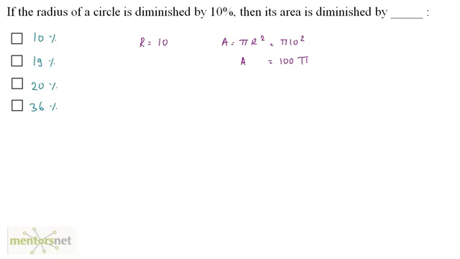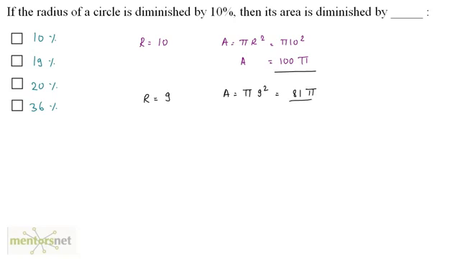Now the radius is diminished by 10%, so the new radius will be 10 minus 10% of 10. So 10% of 10 is 1, so 10 minus 1 is 9. So the area will be pi into 9 square, which is 81 pi.